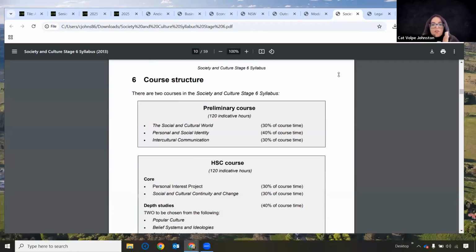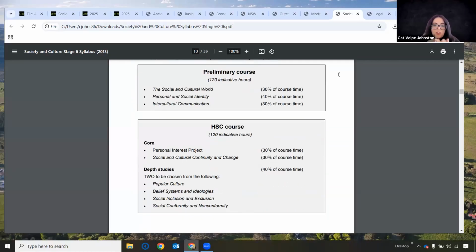So in year 11, students have to study the social and cultural world first, personal and social identity, intercultural communication. Year 12, they have to do the social and cultural continuity and change unit. They do a personal interest project, and then they choose two out of the 4 options in these studies here.